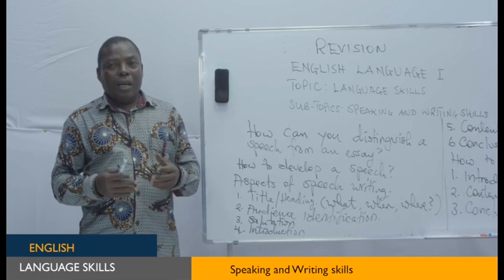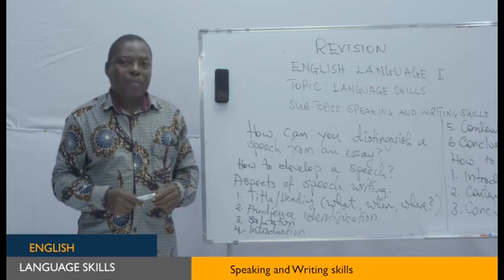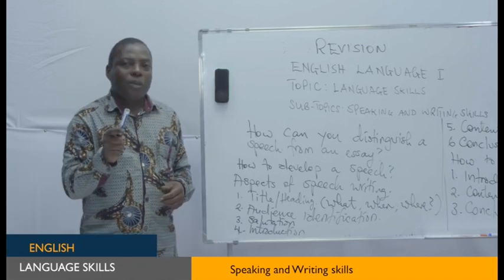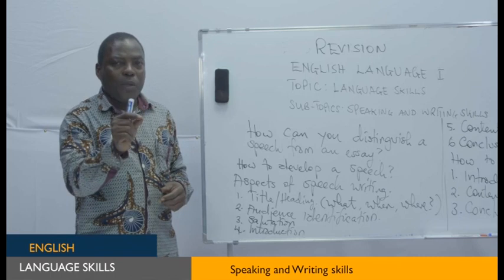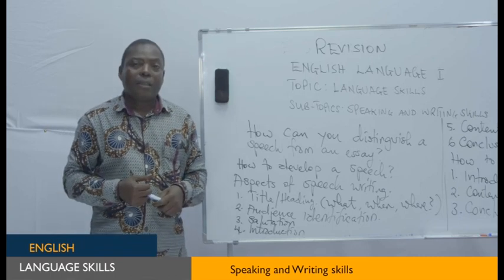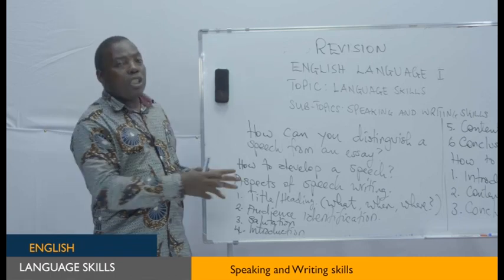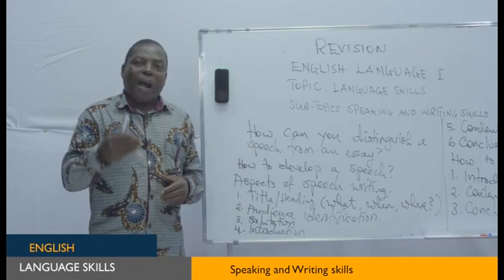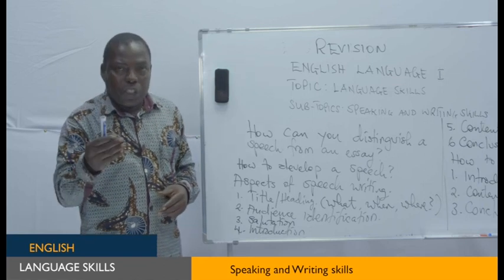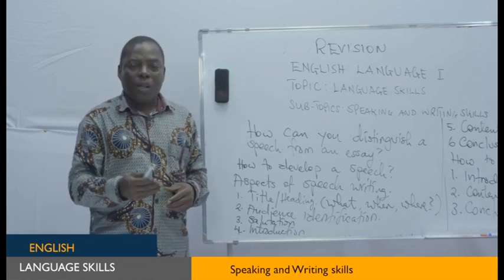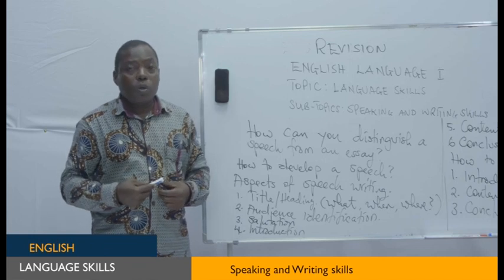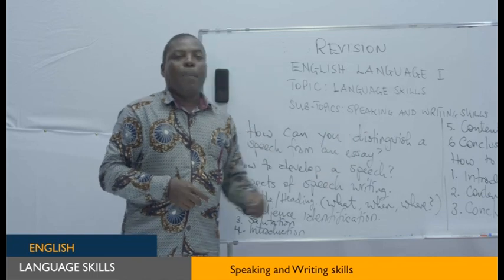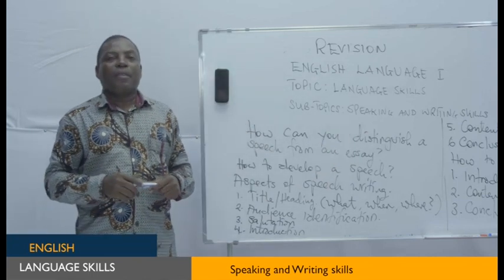By this time, I believe you are now able to distinguish a speech from a normal essay, and using these aspects, you can write a speech depending on the title you have been given, and also write an essay depending on the topic you have been given.